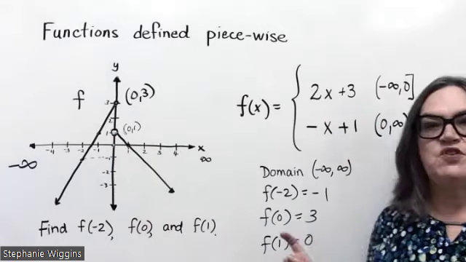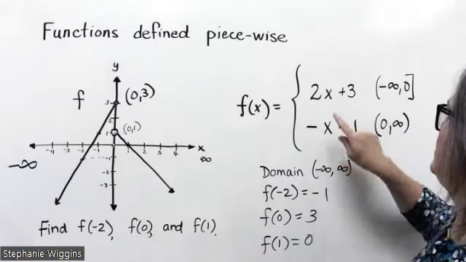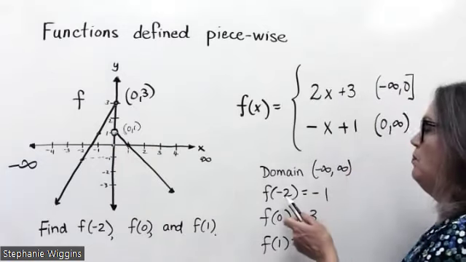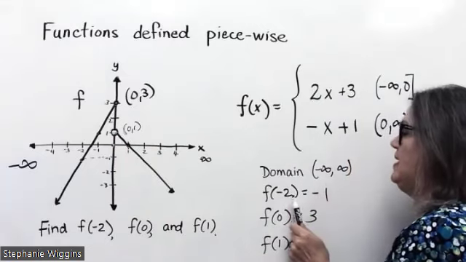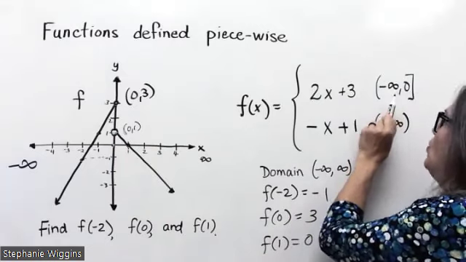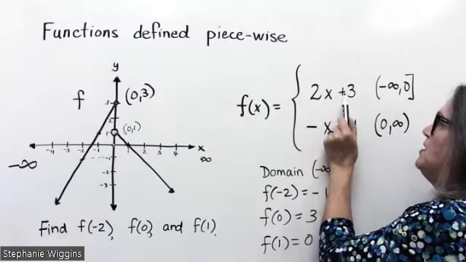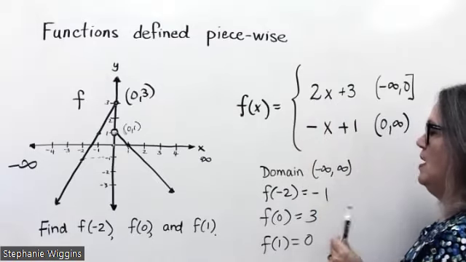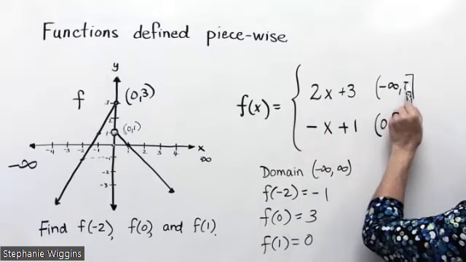Now, you don't have to do it from the graph. If you don't have the graph and you just want to evaluate these, you look at the point that you're inputting and you pick the right interval. So -2 lies in this interval. And so we plug -2 in here. 2 times -2 is -4, plus 3 is -1. 0 is not in this interval, but it's here, right?